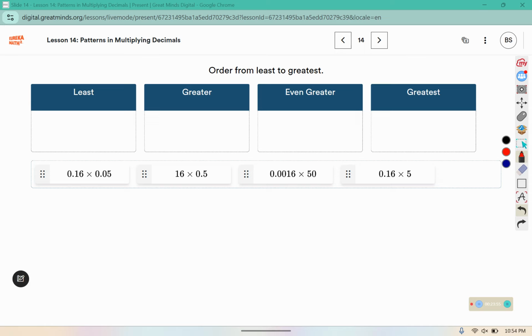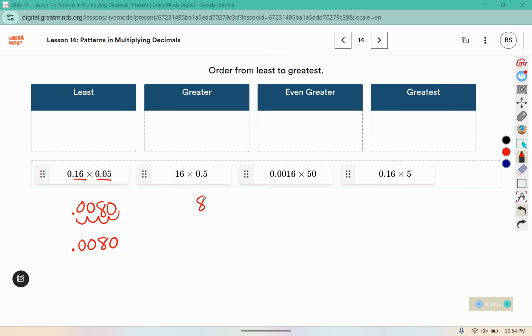16 times 5 is 80. 5 times 6 is 30, 5 times 1 is 5, plus 3 more makes 80. So 5 times 16 is 80. Now, this is going to be 80 with 4 decimal spots. So 1, 2, 3, 4. So this is 0.0080, or just 0.008.